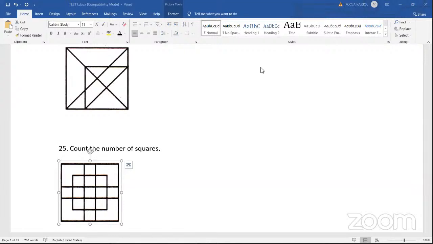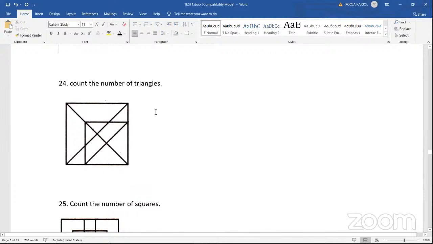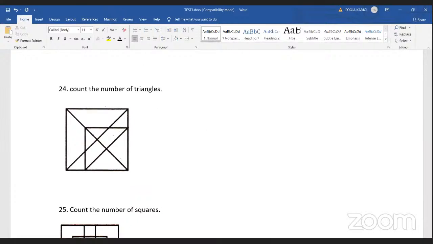Which question? The triangle question. My mistake. This one. Okay, the answer is 21.